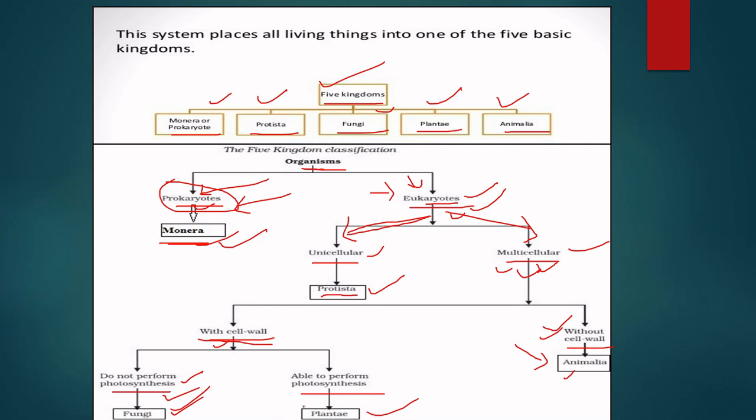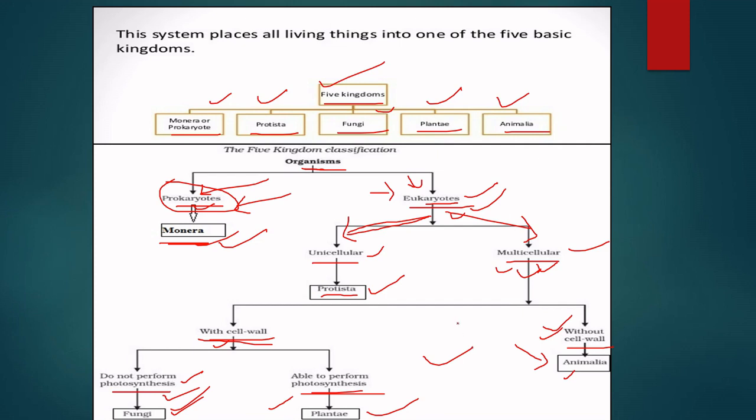And the Plantae group contains eukaryotes, multicellular, with cell wall, that perform photosynthesis. So in this way Whittaker differentiated all the living organisms into 5 kingdoms.